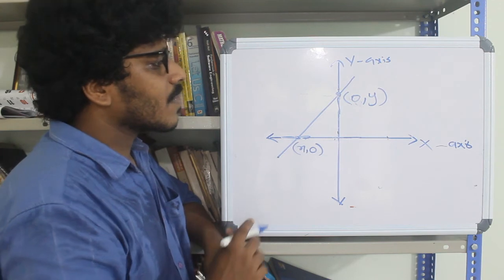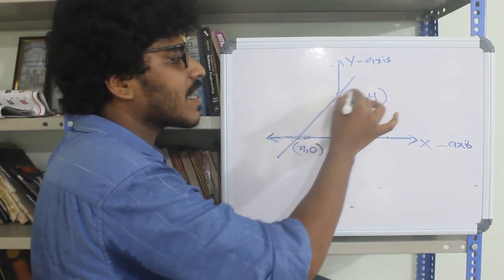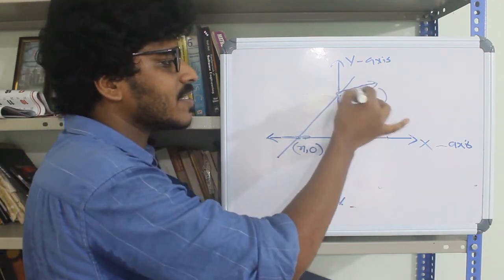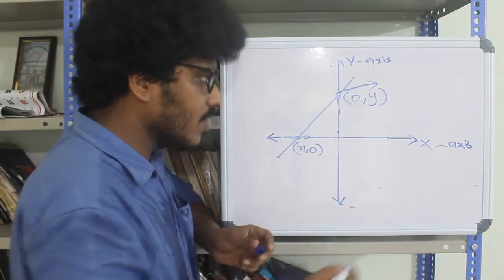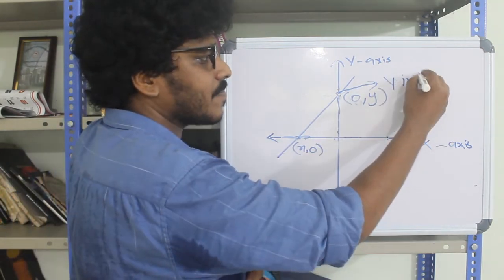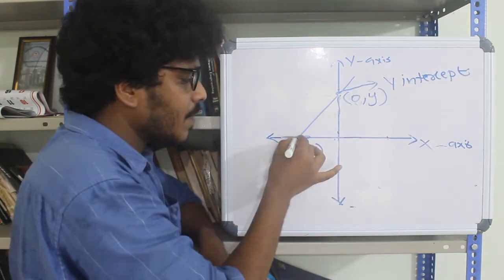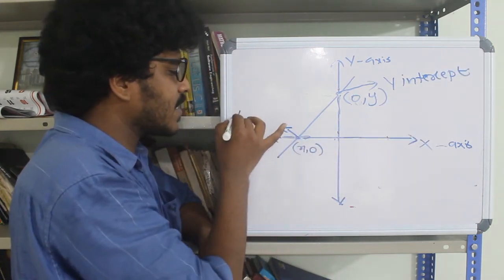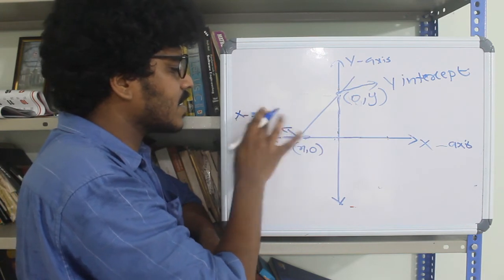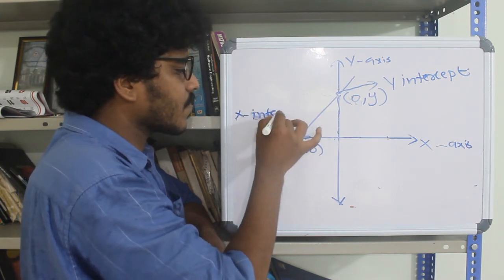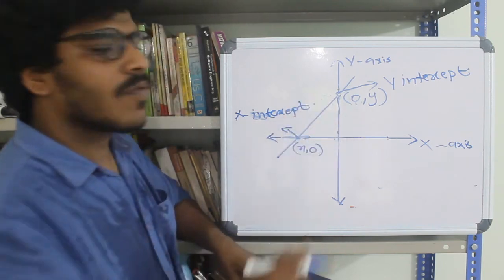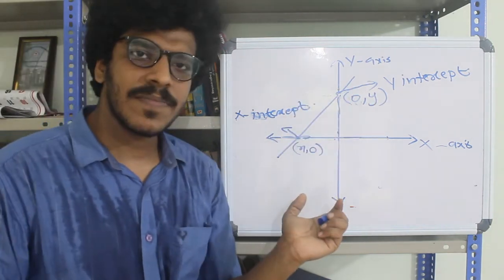Now, the point at which the graph touches the y-axis is called the y-intercept. And the point at which the graph touches the x-axis is called the x-intercept. So what are the y-intercept and x-intercept?